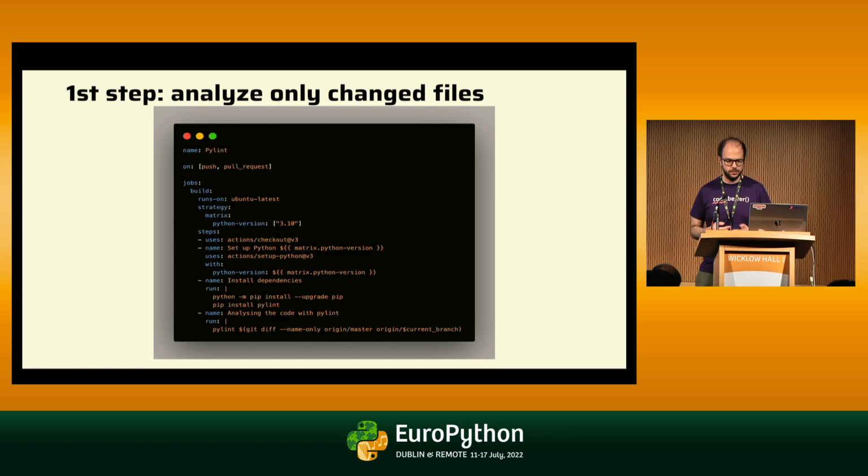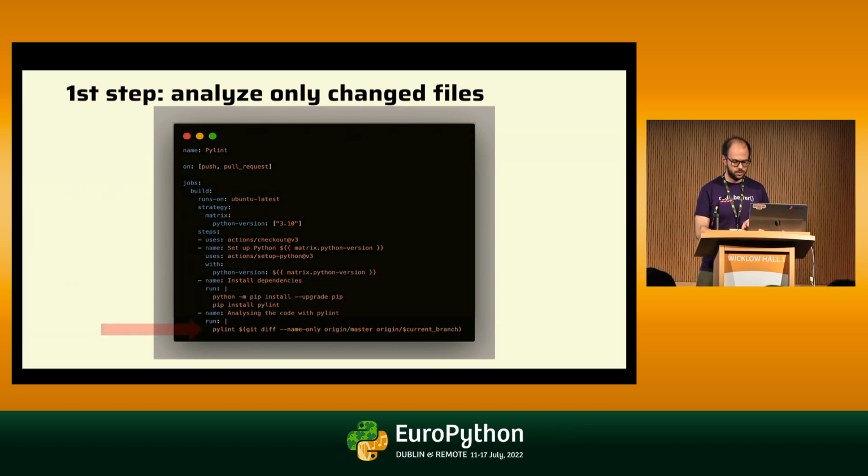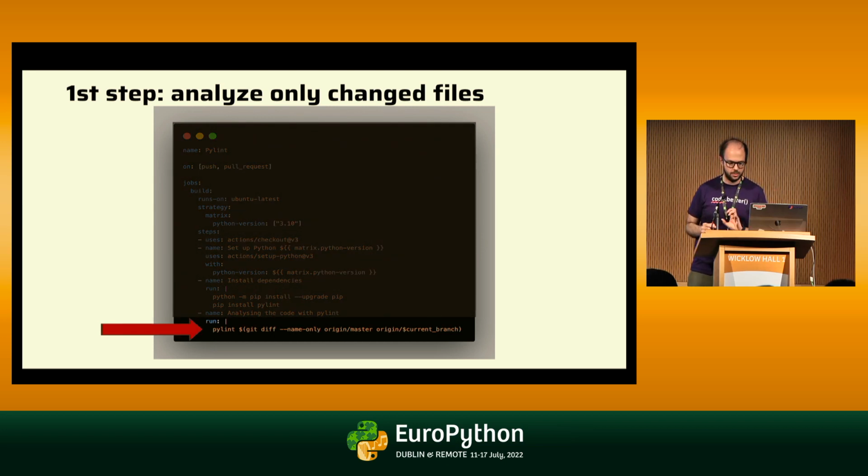The easiest way would be, here we are again in the CI configuration, to change the last line and run Pylint on git diff. git diff is a utility command that tells you basically what's changed between 2 commit hashes. In this case, we're going to see what's changed between the main branch and the feature branch. We're also going to use the flag name-only to get only the file names that have changed.